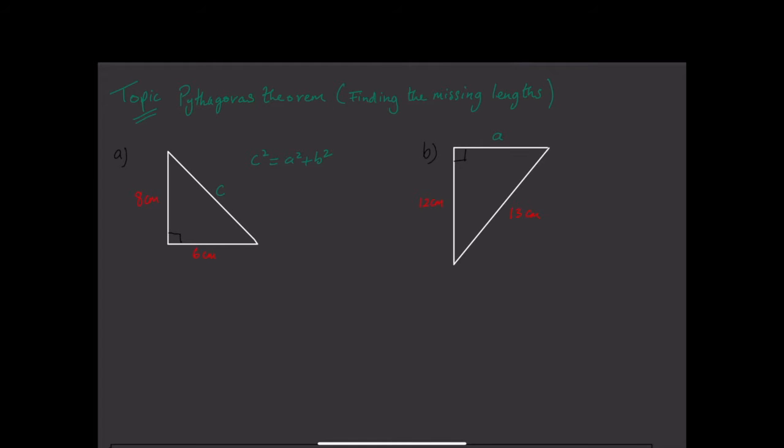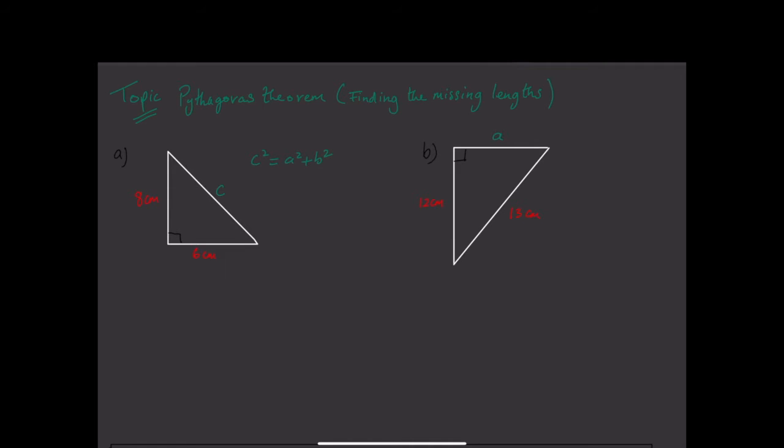Okay, so we're trying to find the longest side, which is the hypotenuse, and the hypotenuse is opposite the right angle. Clearly we can see that C is our longest side, and 8 centimeters and 6 centimeters are our shorter sides.